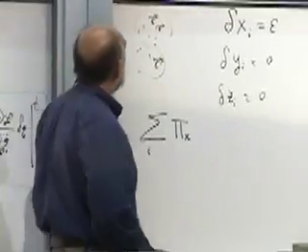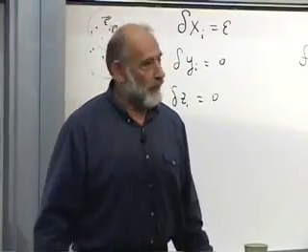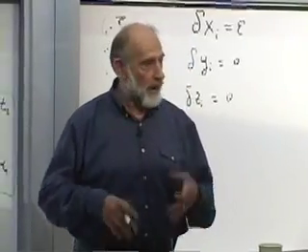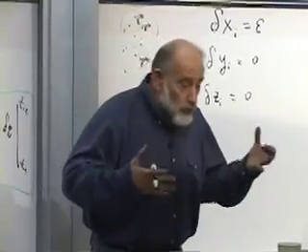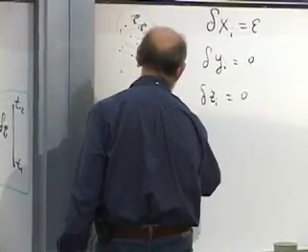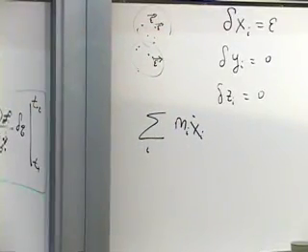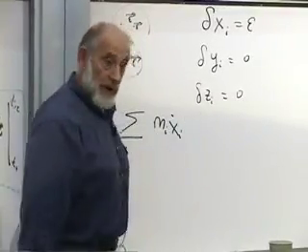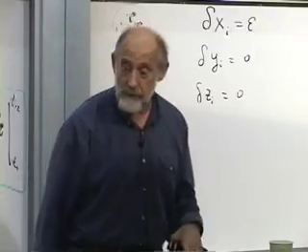What is pi sub x if the Lagrangian is just the usual Lagrangian, 1/2 mv squared, plus forces between the particles and so forth? What is the canonical momentum conjugate to x for each particle? m x dot, just the usual momentum. All right, so this is just the summation of m sub I, x sub I dot. That's the Noether charge for translation along the x-axis. Just the total momentum, the component along the x-axis.